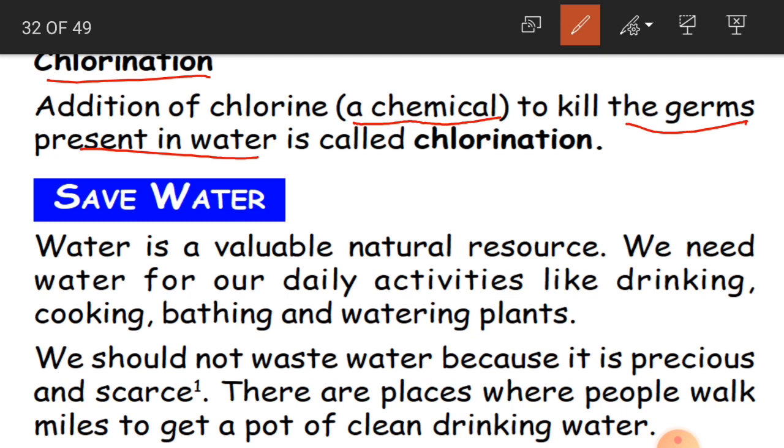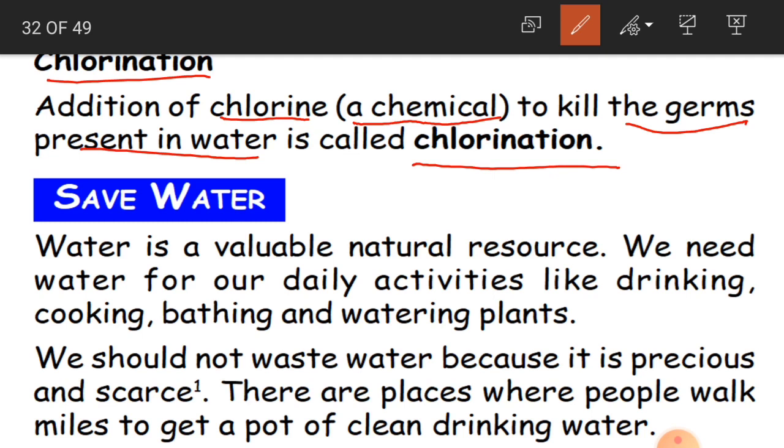So to kill the germs we add this chemical which is known as chlorine. This is known as chlorination: adding chlorine to the water to kill the germs present in it.